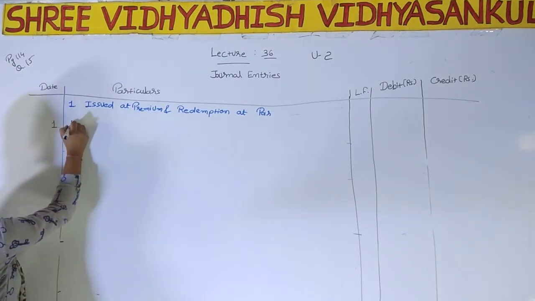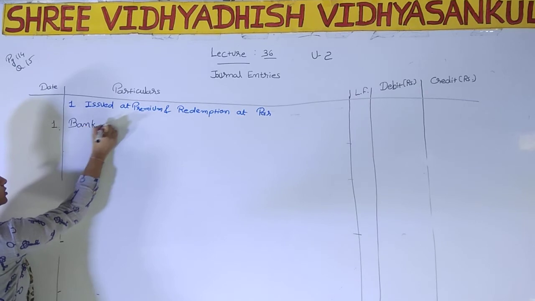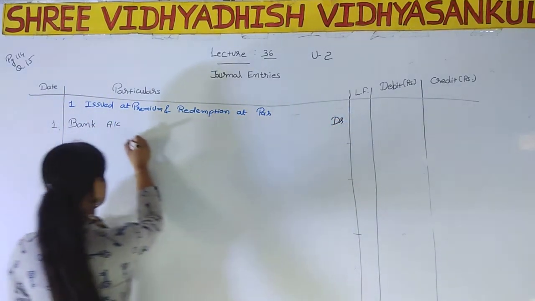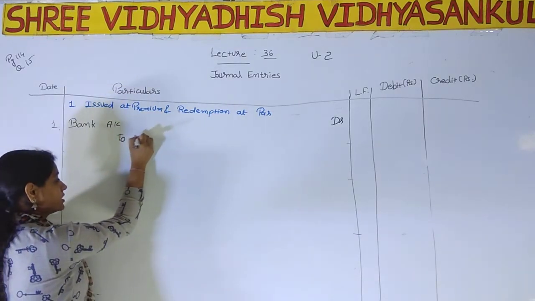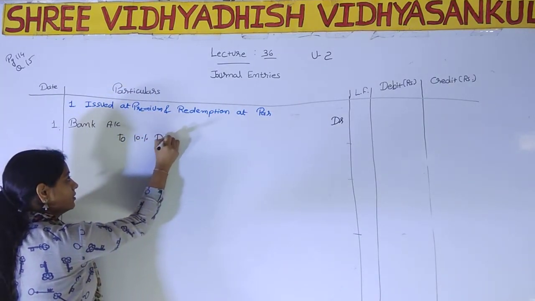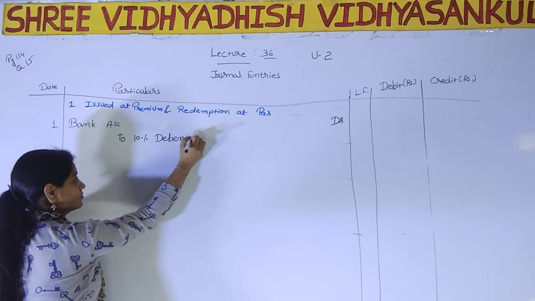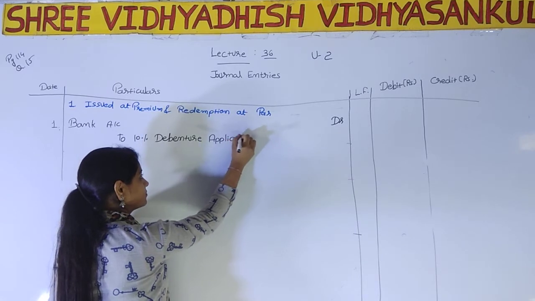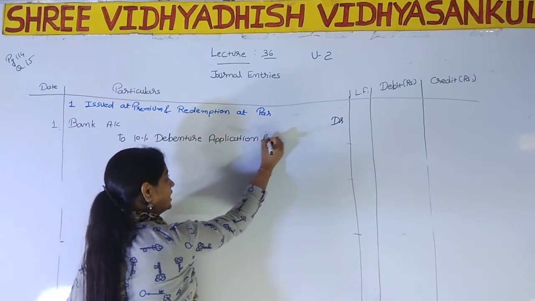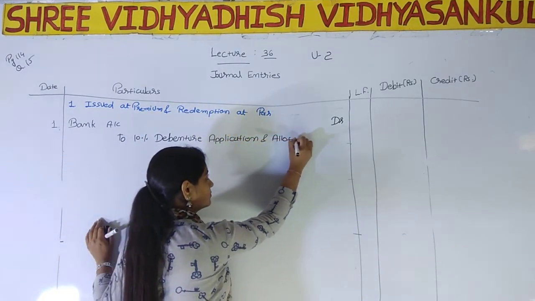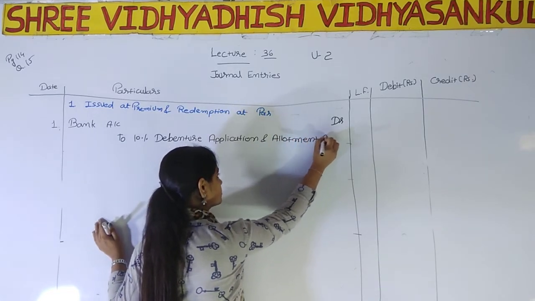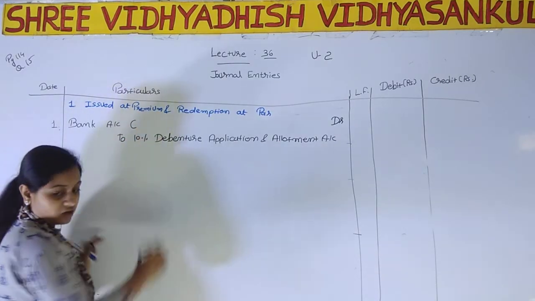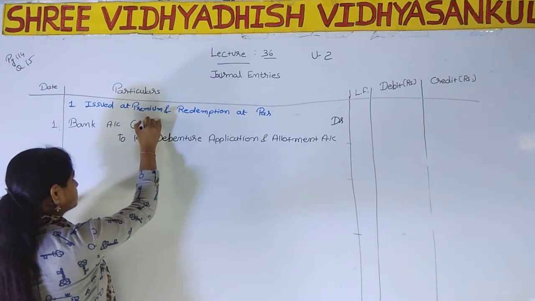So the first journal entry will be bank account debit to 10% debenture application and allotment account. Into bracket, the number of debentures are 8,000.